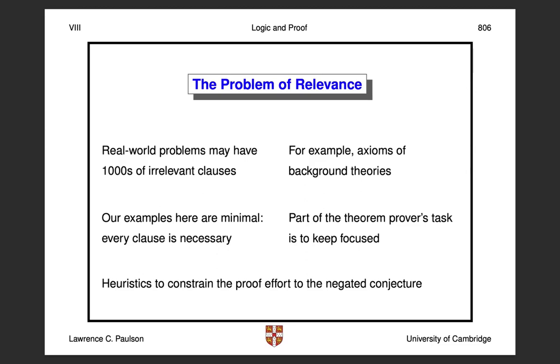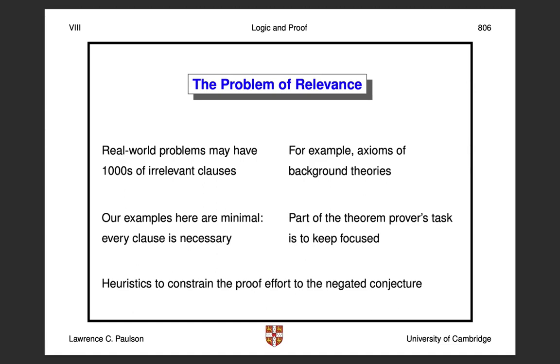What you have got to do is ensure that your theorem prover stays focused on the actual contradiction it's trying to derive. One way of doing this is to somehow identify the clauses which were obtained by negating the thing you're trying to prove as distinct from the clauses that came from all the background theories that you had sitting around.